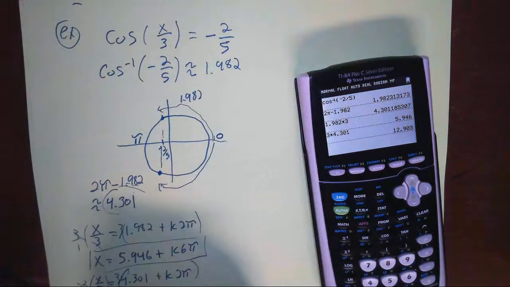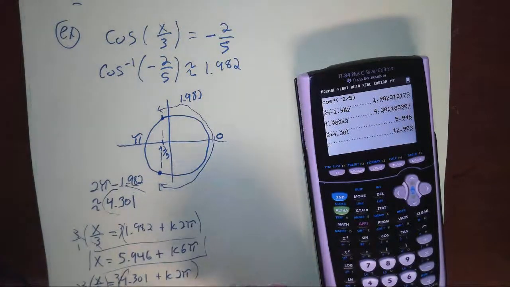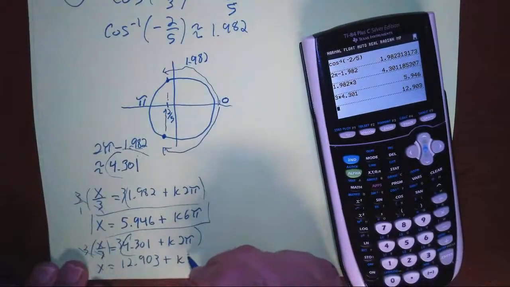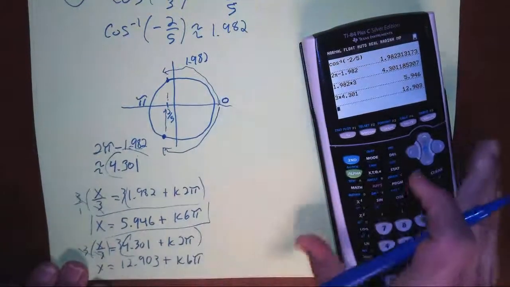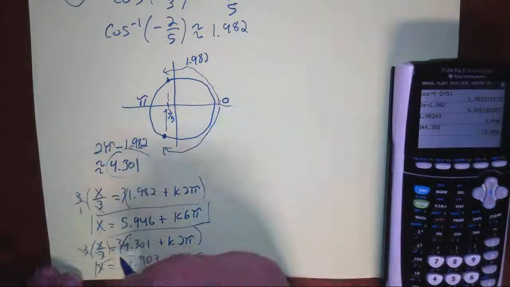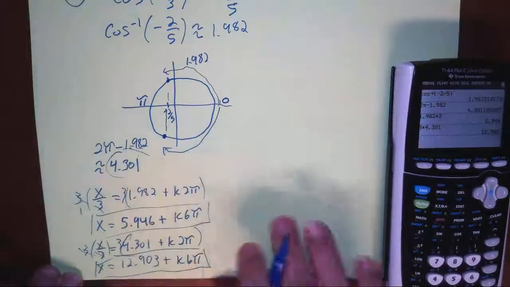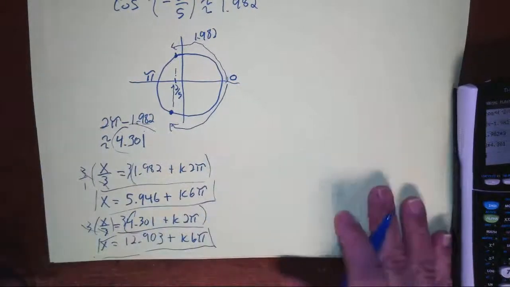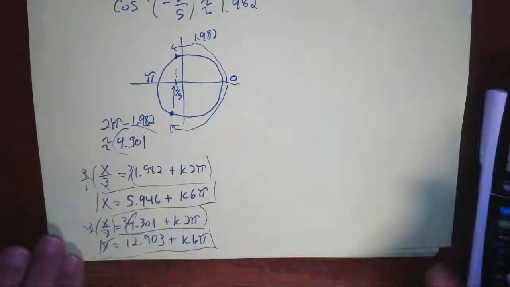That gets rid of this, and this will be plus k times 6 pi. And that would be my other solution set. So those are the two solution sets there. Okay, so that's one like that.